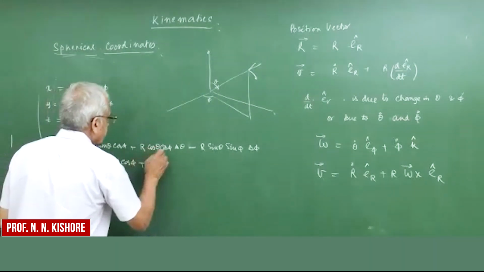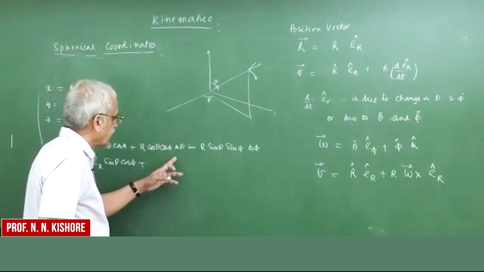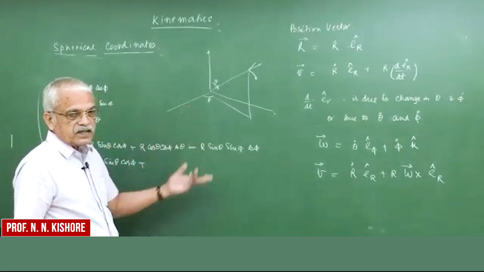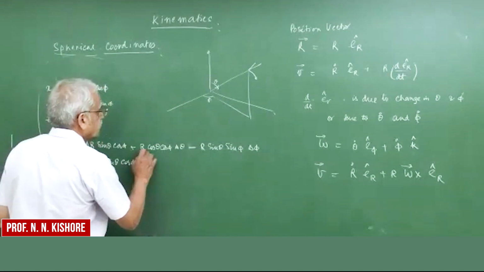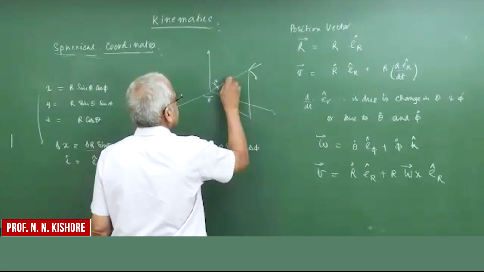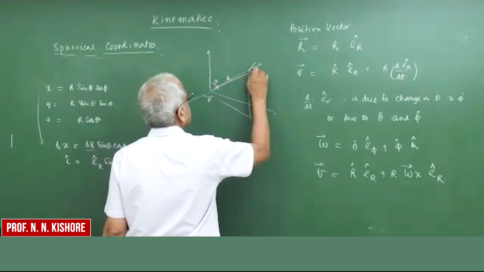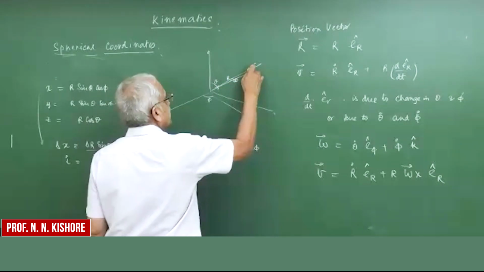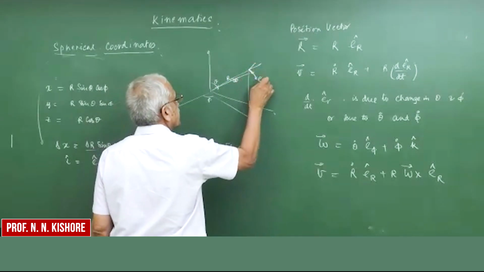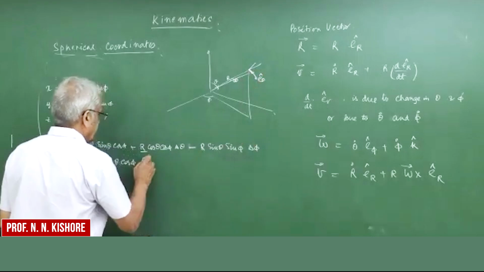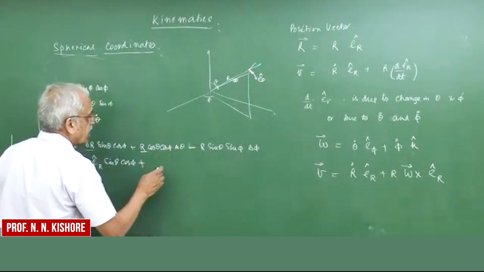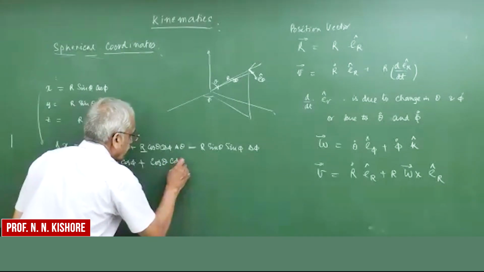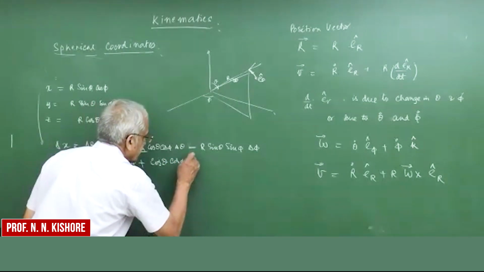Here we have to write not in terms of delta theta, but in terms of e r, e theta or e phi. We can clearly see that if this is r and there is a change delta theta, then this is in the direction of e theta, so that is r delta theta. So this is e theta.